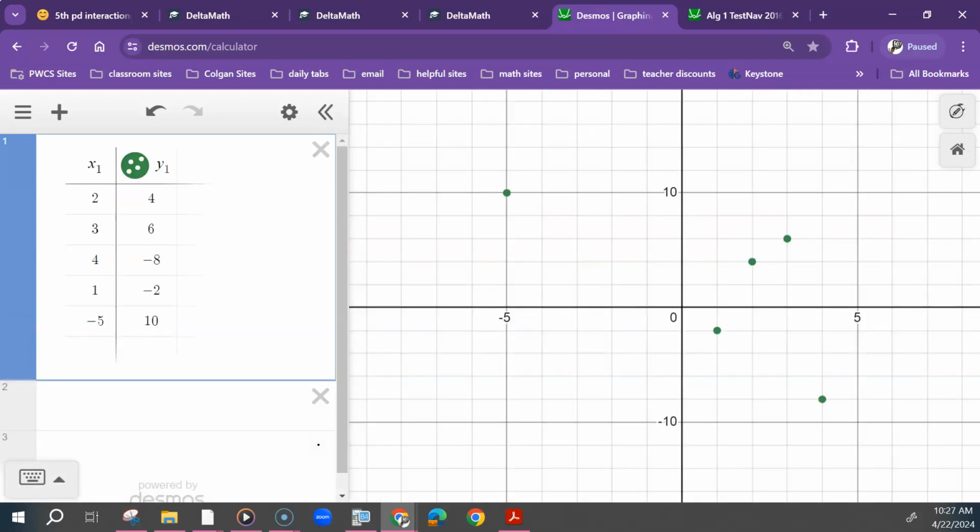As I'm looking at these points, they do not make a line, and it doesn't look like they make a curve.